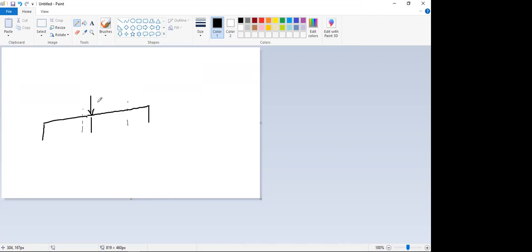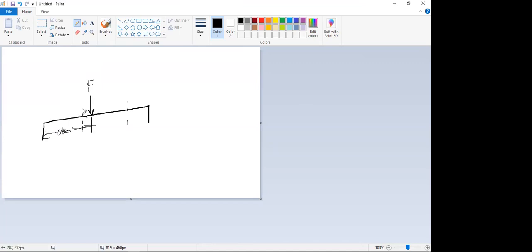And how are you going to calculate it? The value of this force into the distance is going to give you the moment at this particular section. Let's say this is distance A from this particular end, and this is force F.